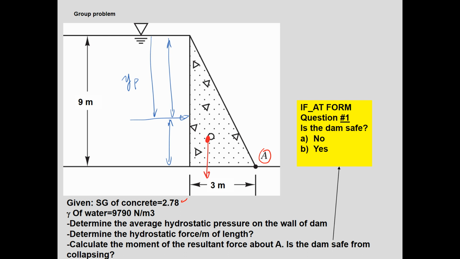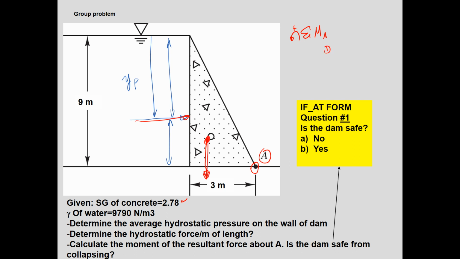However, what you need to remember is that you have a weight of the dam, and then you have a hydrostatic force. Whenever you calculate the moment about point A, these two forces have counteracting moments. So if we do the sum of the moments about point A and assume counterclockwise to be positive, the dam would not collapse under one of two conditions.